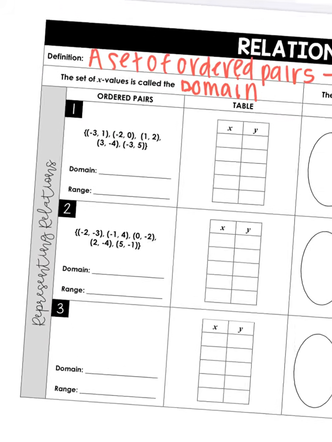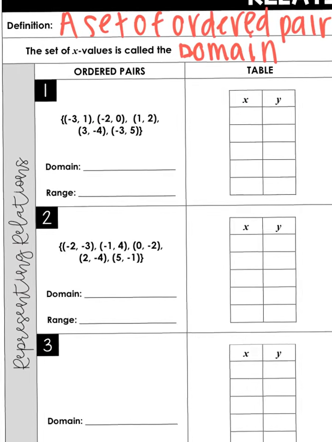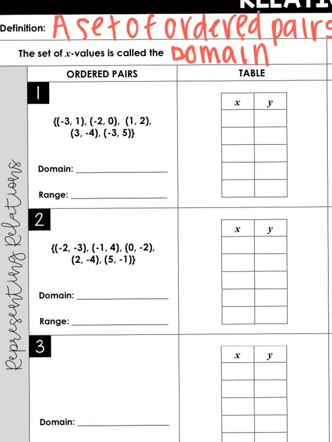All right, so let's look at our first set of ordered pairs. When we're looking at an ordered pair, we write an ordered pair in parentheses. So the first number that comes first is the X, then a comma, and then you have your Y. And in this set of ordered pairs, we have 1, 2, 3, 4, 5 ordered pairs.